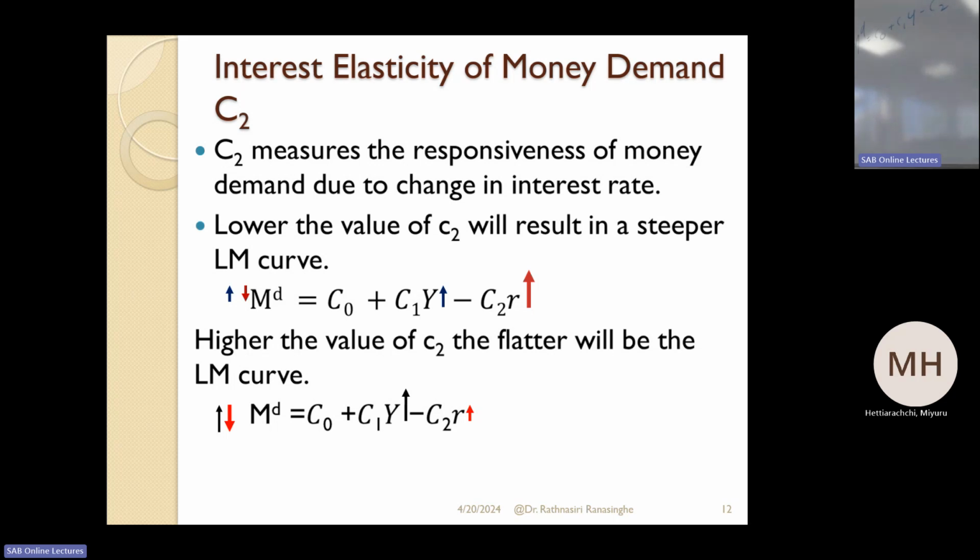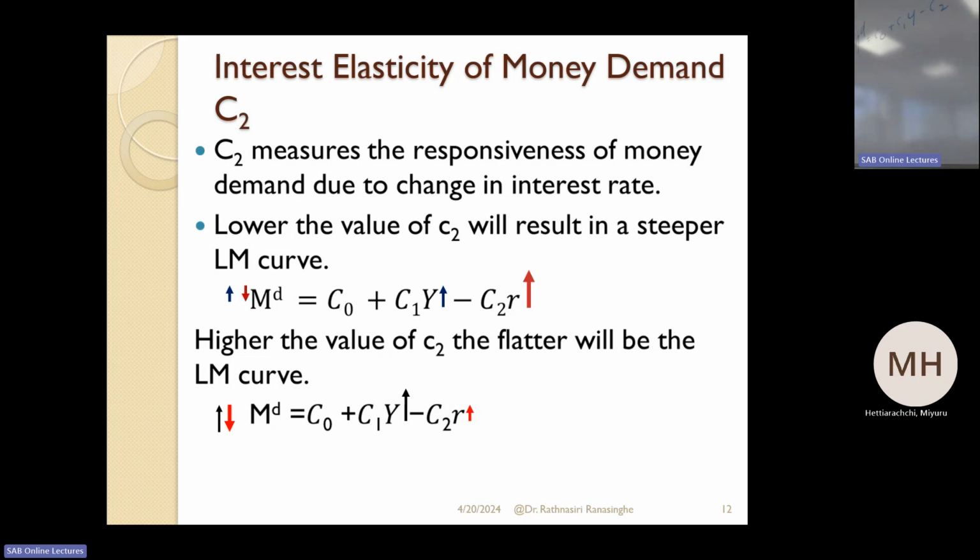So that will result in a flatter LM. So we can understand the two factors, C1 and C2, that determine the slope of the LM, right? So remember, sometimes you may be given an assumption of a high value of the interest elasticity.